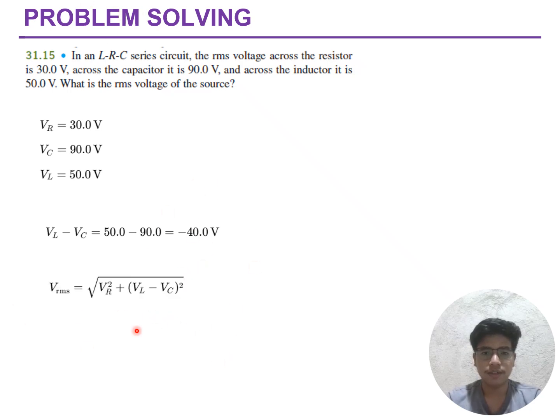Next is to use the phasor voltage formula. This is the phasor voltage formula; the RMS source voltage is given by this. After that, we need to substitute the given values, so all you need to do is substitute here and there.